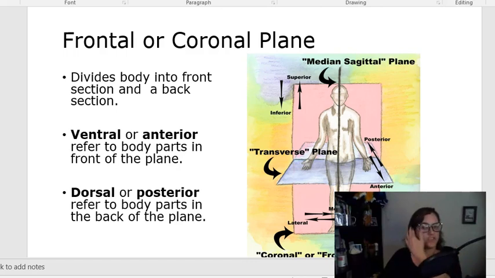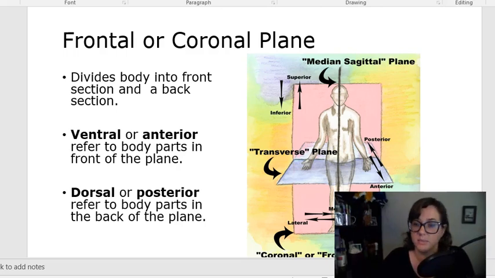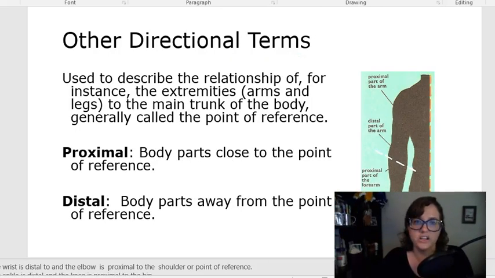A lot of times we talk about ventral when we're talking about the guts, and anterior when we're talking about the head. That's not always true, but it is an interesting thing you might see pop up. Same thing with dorsal and posterior. A lot of these things will make a lot more sense in context, and you'll see that in the lab.